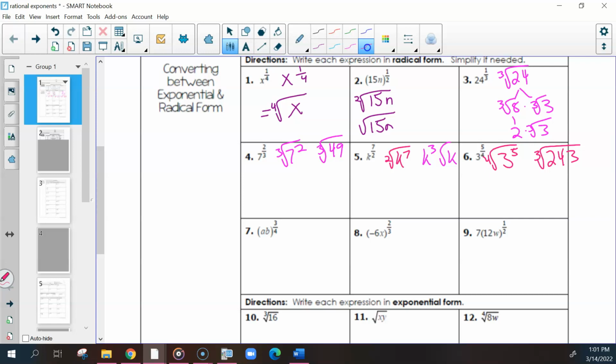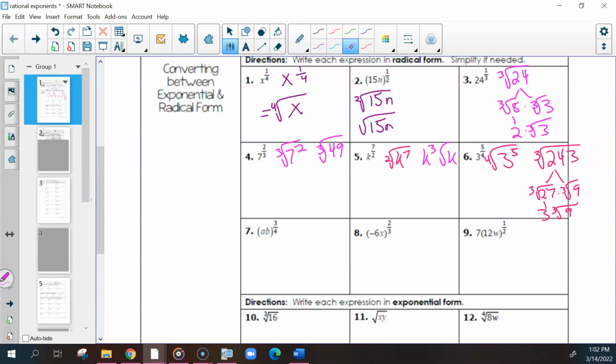That's what I was thinking. But I can see if any of the perfect cubes go into this. So let's see, not 8, 27 does. Now 9 is a perfect square, it's not a perfect cube. So 9 would not be simplified, but this would be 3 times the cube root of 9.